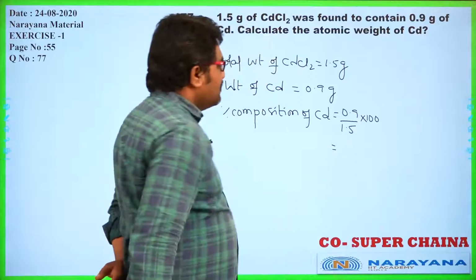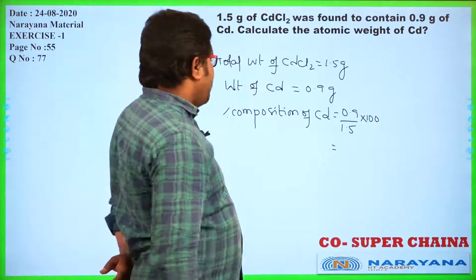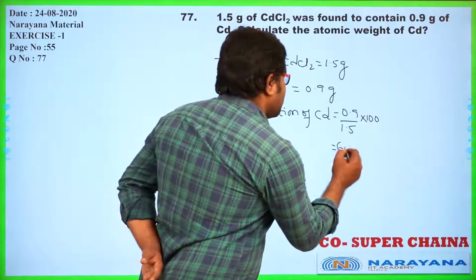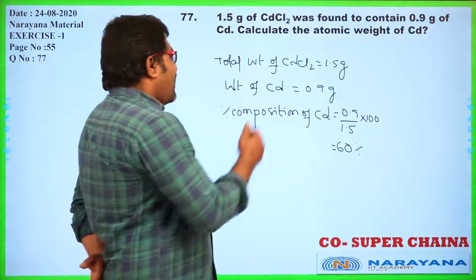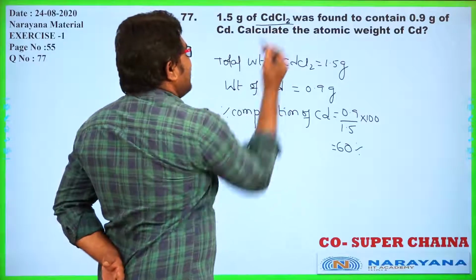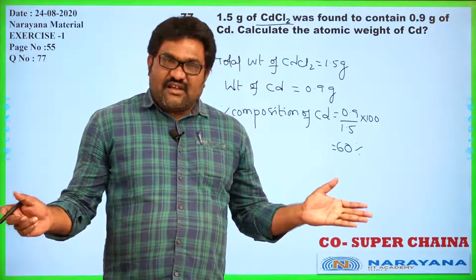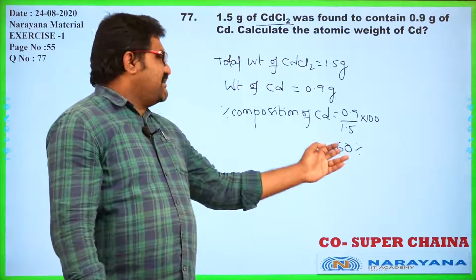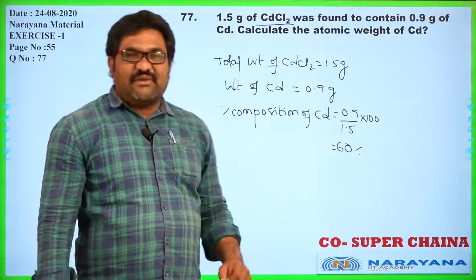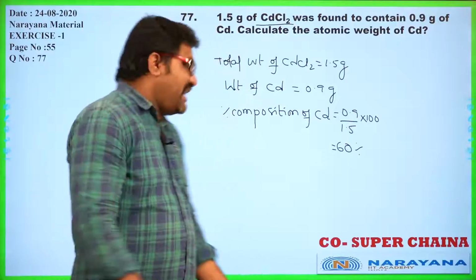That is 3 by 5, 60%. If you calculate, you get 60%. Obviously, in this CdCl2, only cadmium and chlorine are present. Now, among the total weight, 60% was occupied by cadmium and the remaining 40% by chlorine.